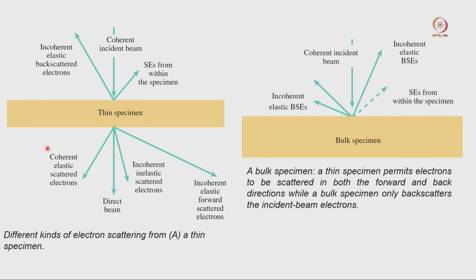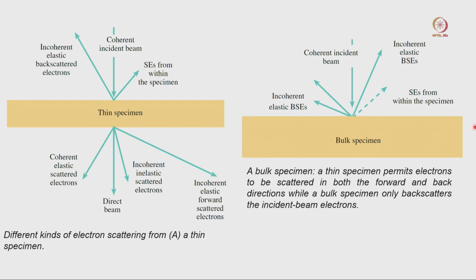So, we can expect a coherent elastic scattered electron, incoherent inelastic scattered electron, incoherent elastic forward scattered electron. The other two are the backscattered electron, that is the incoherent elastic backscattered electron, and the secondary electron from the specimen.